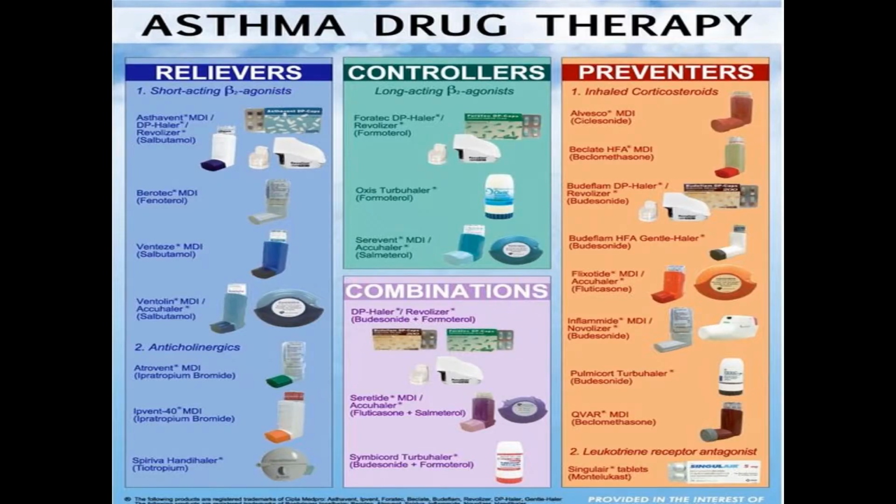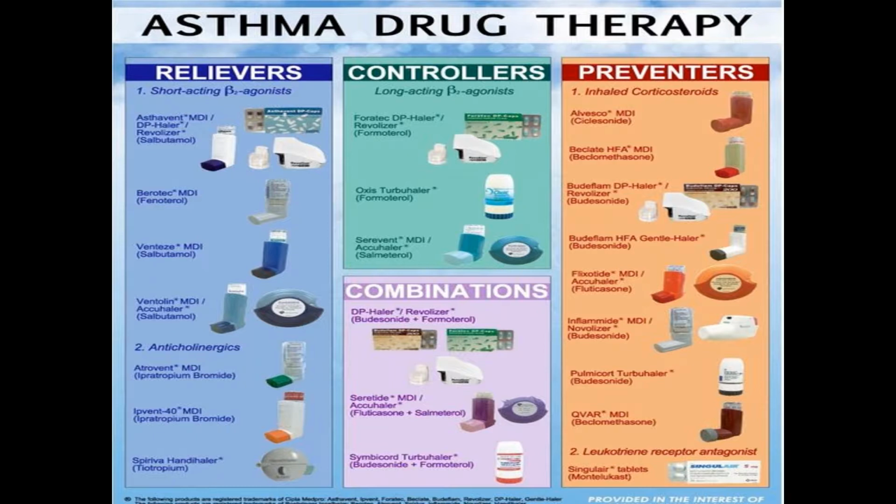This next slide is pretty extensive. It tells you about the different drug therapy in asthma treatment. There are relievers, controllers, preventers, and combination medications. They're all inhalations. The relievers are short-acting adrenergics or anticholinergics. Controllers are long-acting adrenergics.